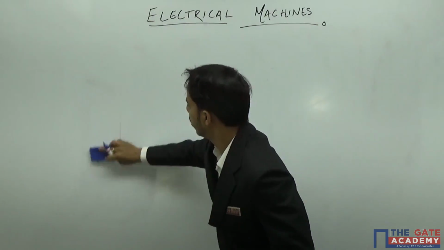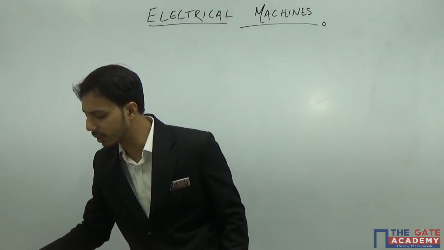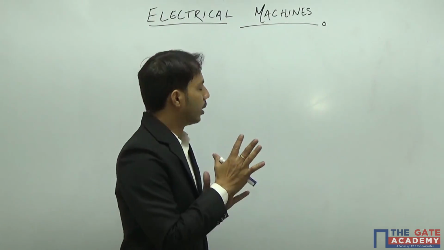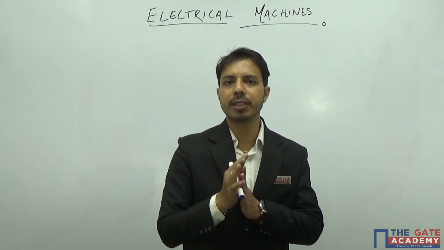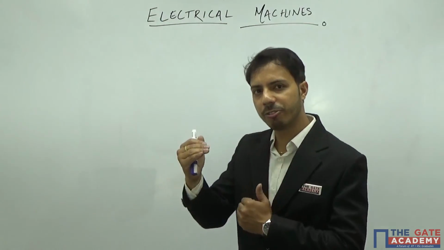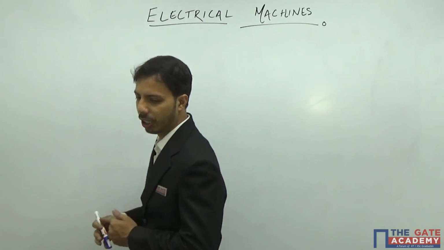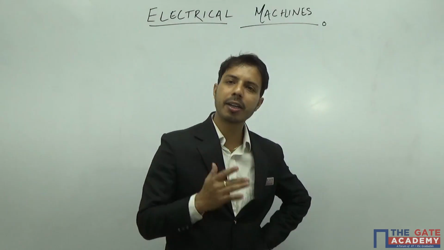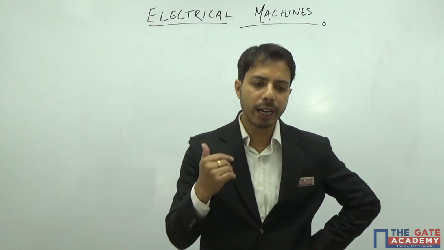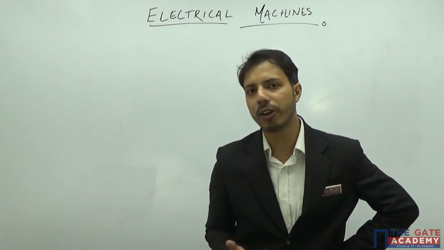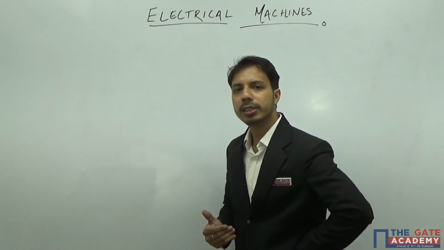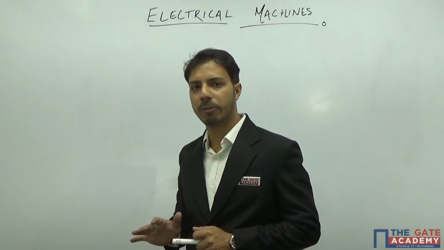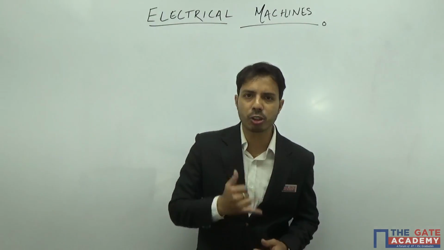Now what else is there to understand for electrical machines? The next important thing is to understand the relation between electric field and magnetic field. It was a breakthrough in the 1800s. Before the starting of the 1800s, it was believed that there was no relation between the electric field and magnetic field, and it was a very strong belief.